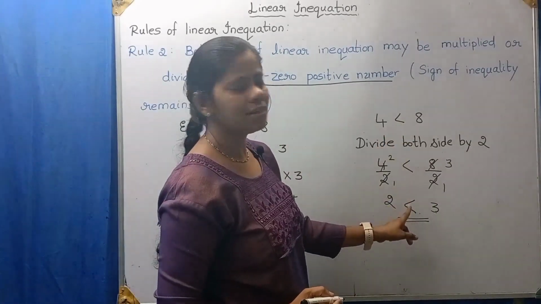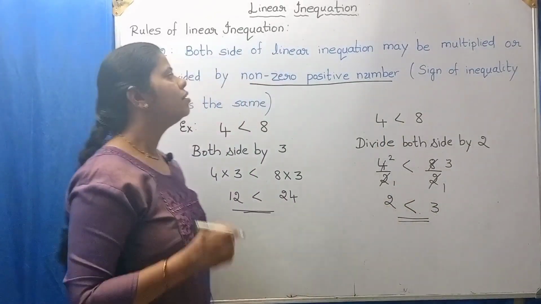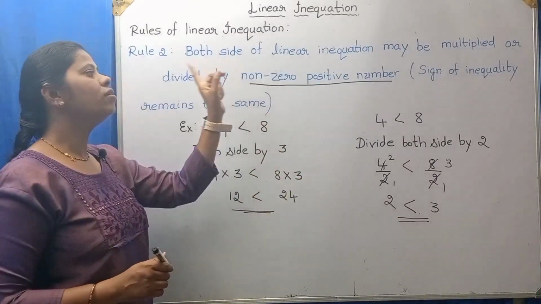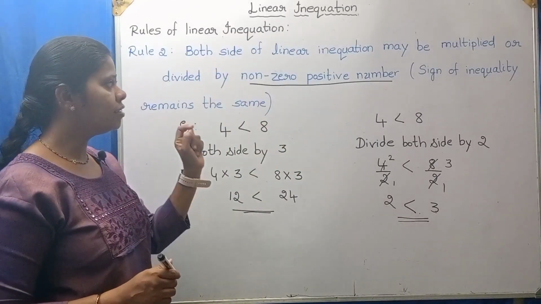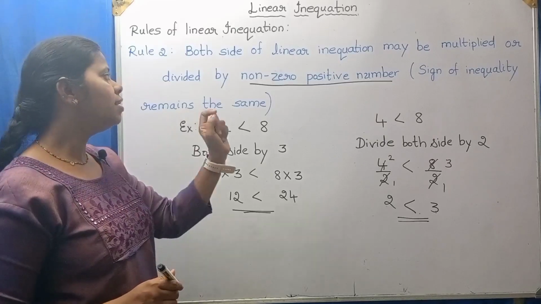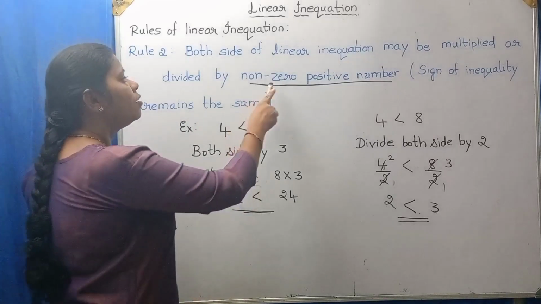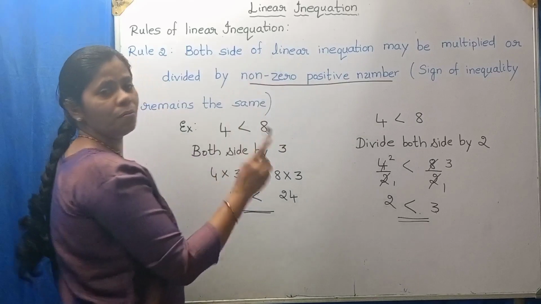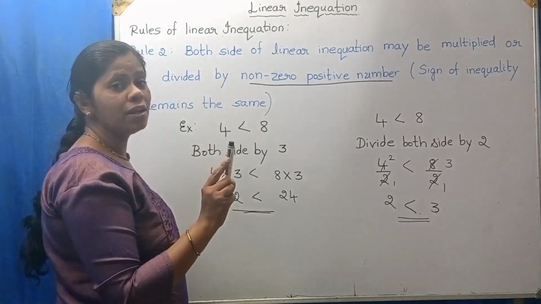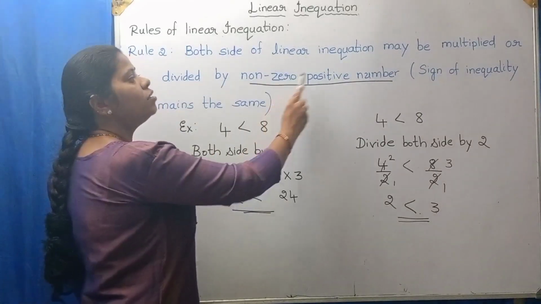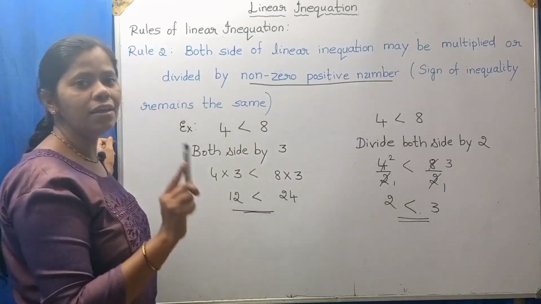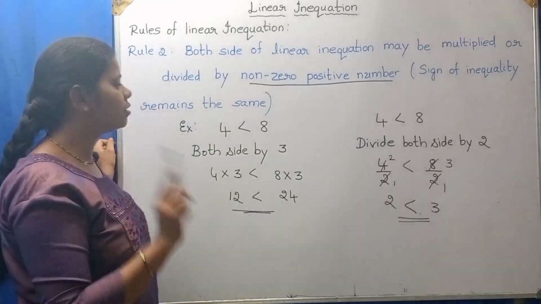Here the inequality sign remains the same. This is the meaning of rule 2. And in rule 2, each word is very important. Non-zero positive number. If you multiply or divide by a non-zero positive number, then the inequality sign remains the same.